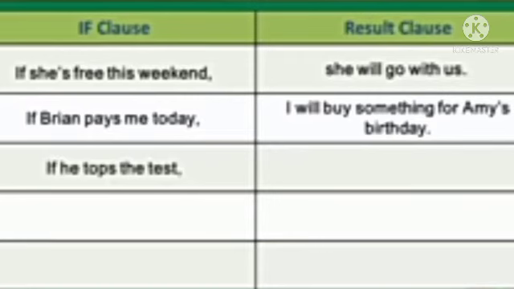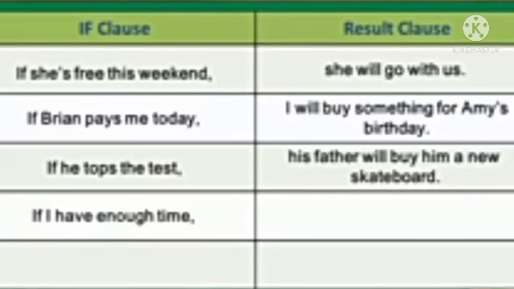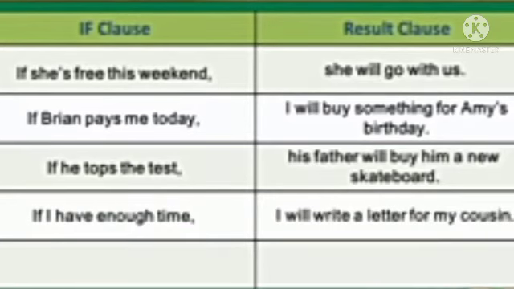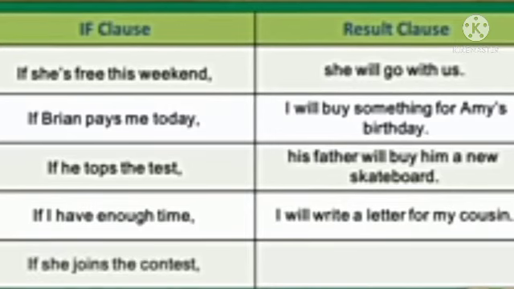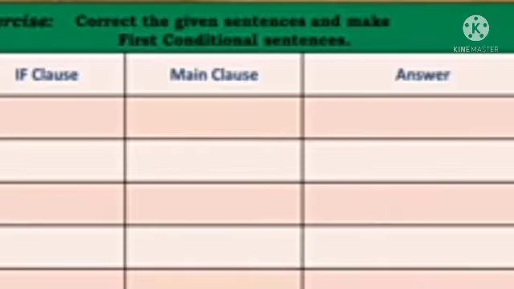If he tops the test, his father will buy him a new skateboard. If I have enough time, I will write a letter for my cousin. If she joins the contest, she will have a 75% chance of winning.